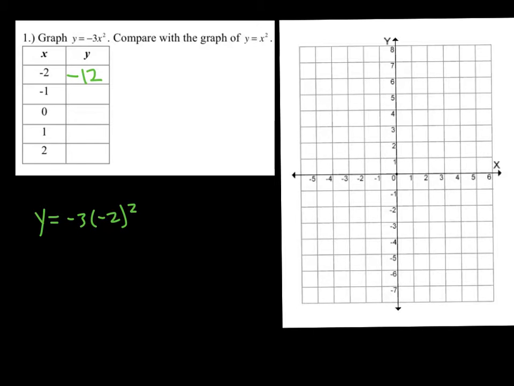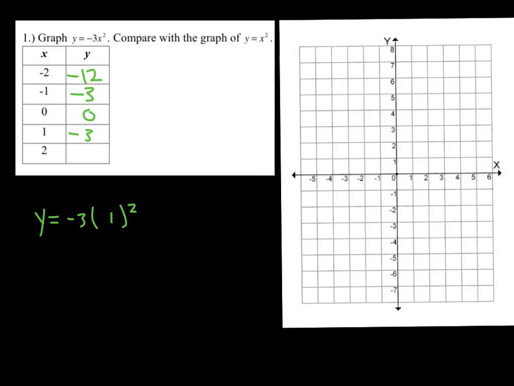Negative 1 squared will just be 1, so negative 3 times 1 is negative 3. 0 squared is 0, anything times 0 stays 0. Positive 1 squared will give us 1 still. 1 times negative 3 is negative 3.